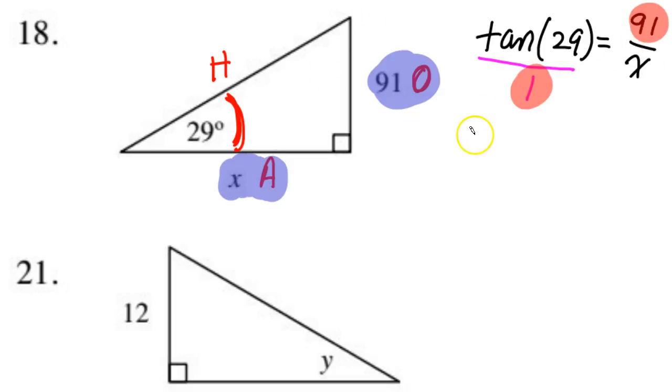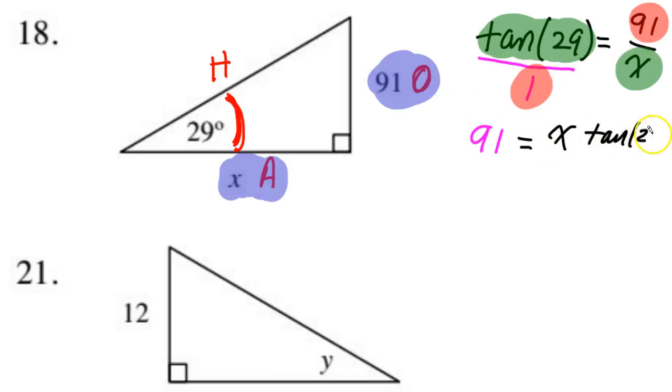That is 91, so I can just say 91 is equal to, and then let's see, tan 29 times x. That's just going to give me x tan 29. And then just like we did before, we're going to divide both sides by this tangent.